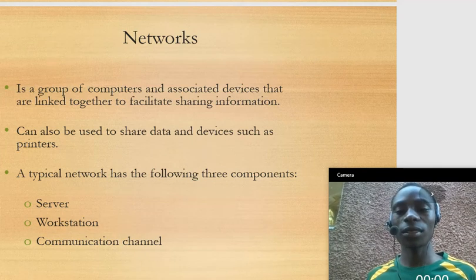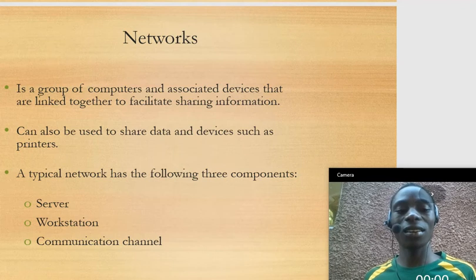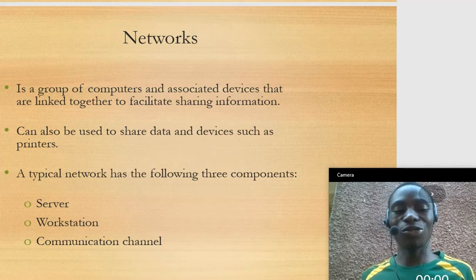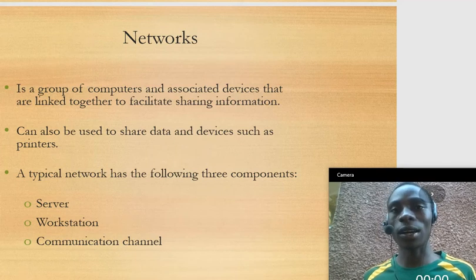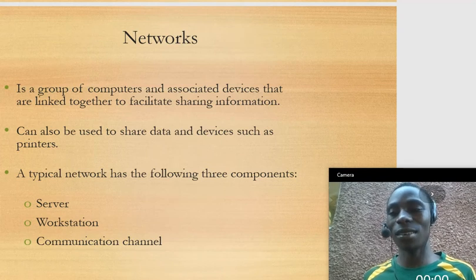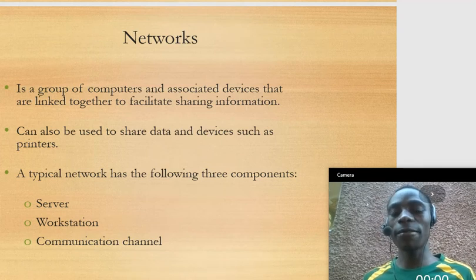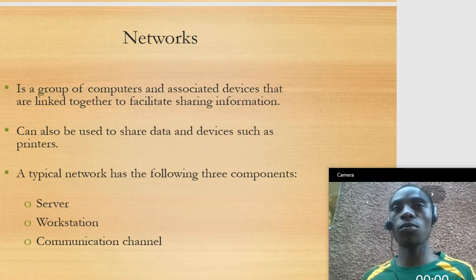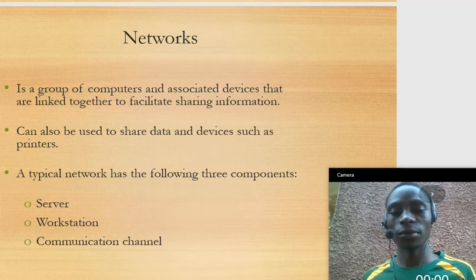Okay, I hear, guys, some people say you don't have network on your phone. Please climb a tree somewhere so that you can get a network. Someone is trying to get a connection with some other device somewhere. Okay, so devices connected together, linked together, so that they can try to smoothen the sharing of information is a network.